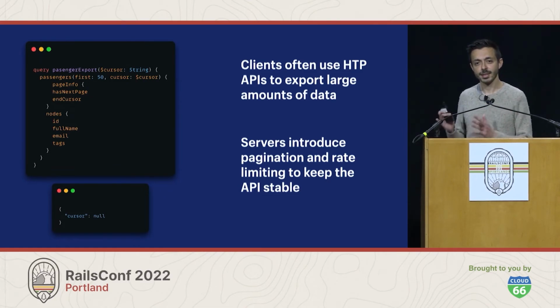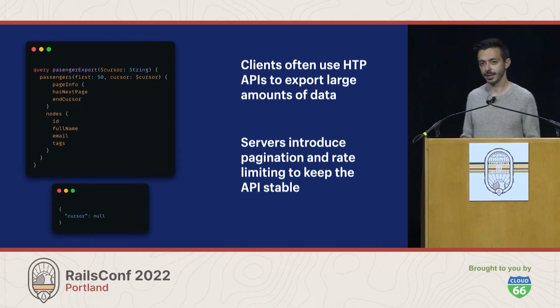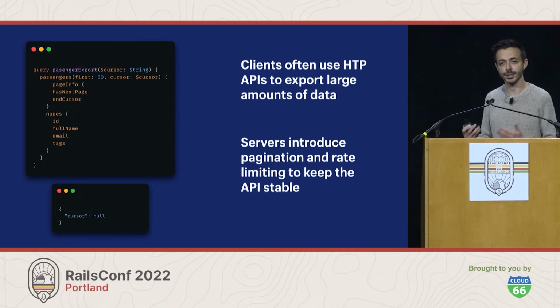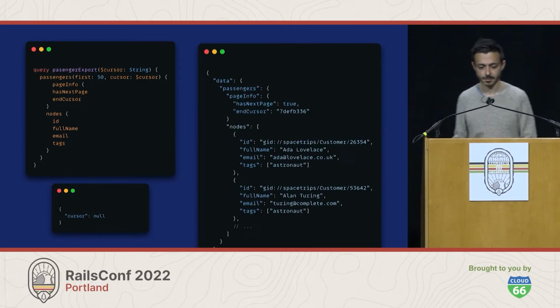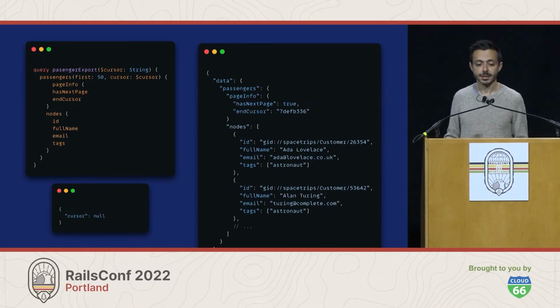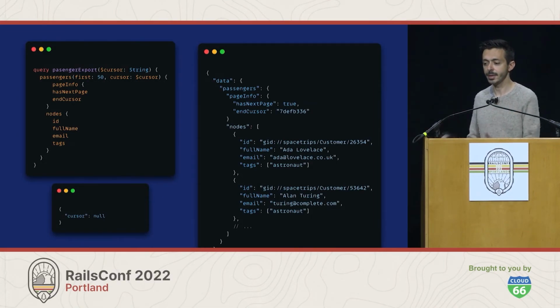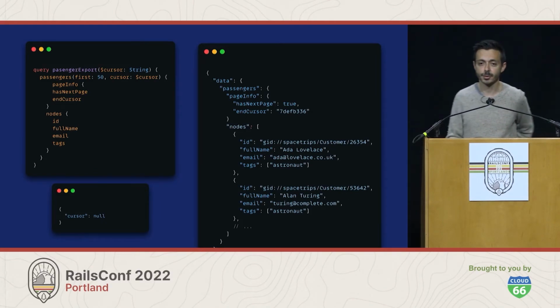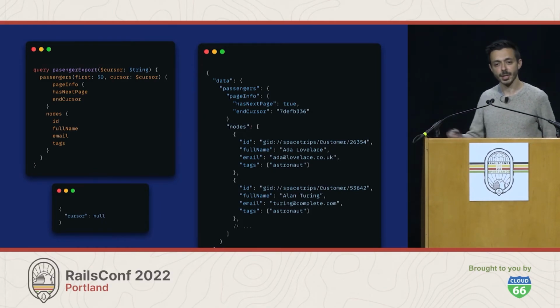But on the other hand, servers need to protect their stability. They need to ensure response time, and for this, usually they create pagination limits and also rate limiting. In a regular use case, they make a query with a cursor, and whenever hasNextPage returns true, it means they need to keep iterating until it reaches the end.